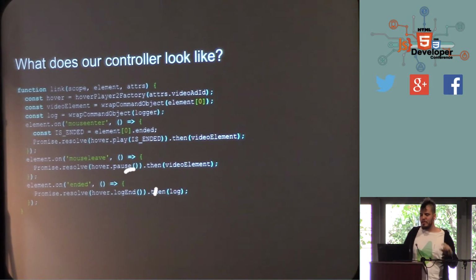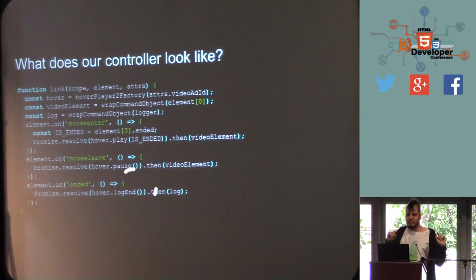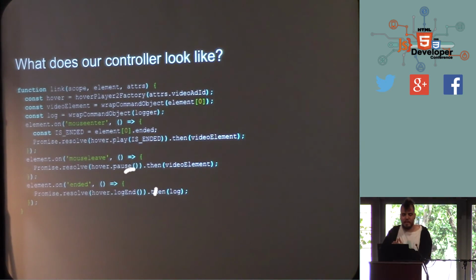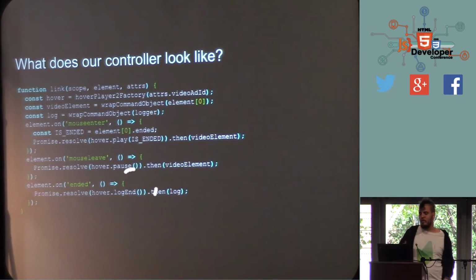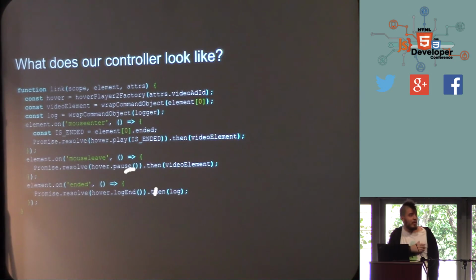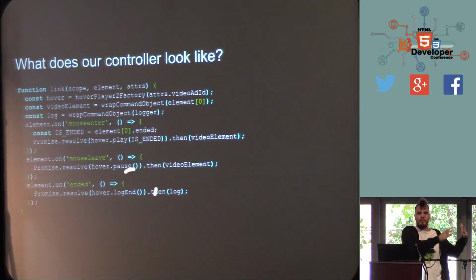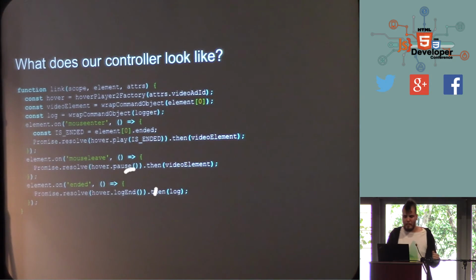And you just call these in a row. So for example, hover play is called, it will pass an object to the next function, to the video element. You don't have to use promises here, but I think it's way more readable in a line. First something happened, then something happened, and so on.